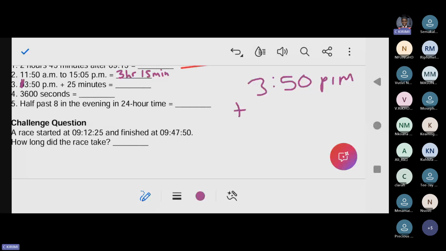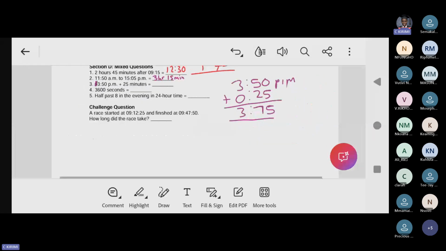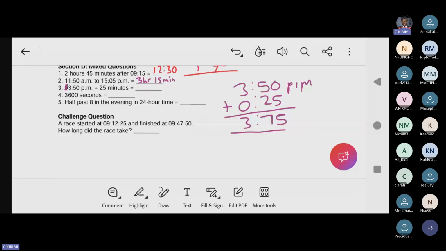Then you are adding 25 minutes, it's 0 hours and 25 minutes. So you want to know what time it is now. You add, you get 5. You add, you get 7. You add, you get 3. But we said your minutes should not exceed 60 minutes. Once they reach 59, the 60th, you add to an hour.